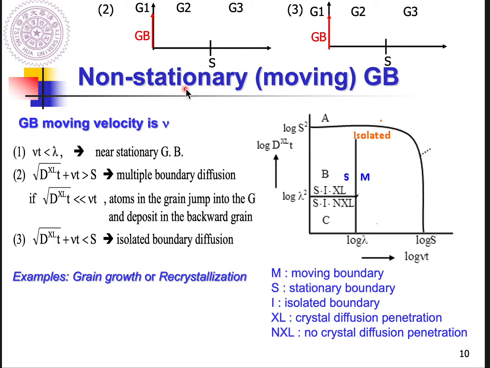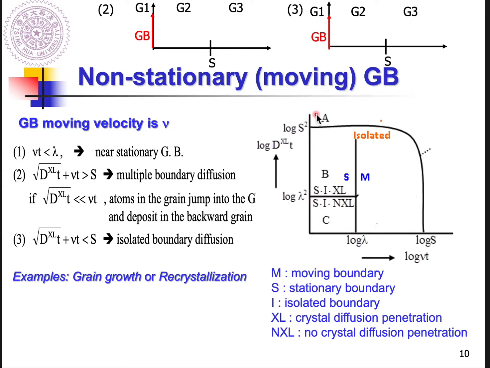So now we need to consider a non-stationary, moving grain boundary. Can we also easily classify or divide all the diffusion patterns into three different cases? How to do that? The textbook gives us a simple way.